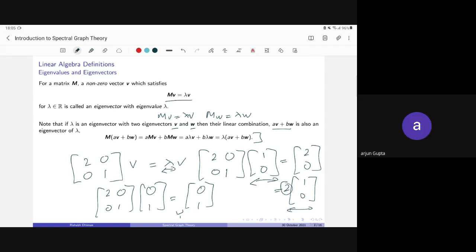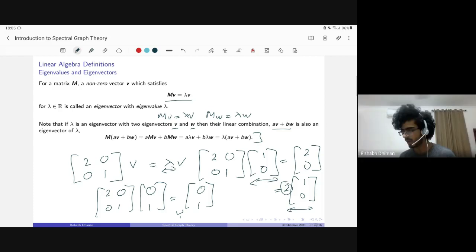Will the set of all lambdas be the set of all real numbers, or something else depending on n? No, you actually have a result that if you have an n by n matrix, then there can be at most n different eigenvalues. So it can be some set of n real numbers.